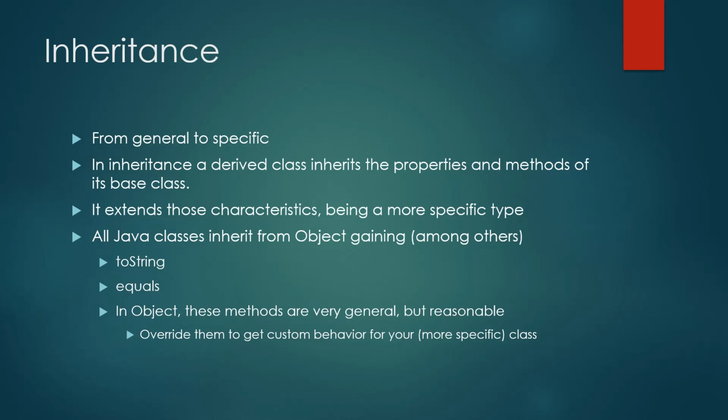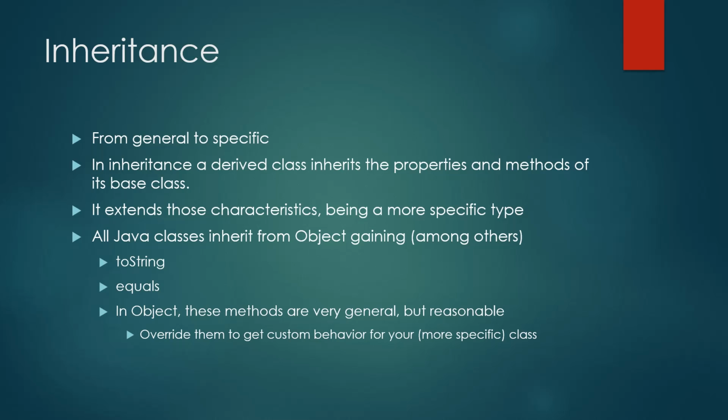Same thing for equals. What can Object do with the equals method? It doesn't know anything about the business purpose of the specific class. So it does a reference comparison. Are these 2 objects at the same location in memory? If they are, they're equal. Otherwise, they're not. That's a shallow comparison, but that's what Object can do.